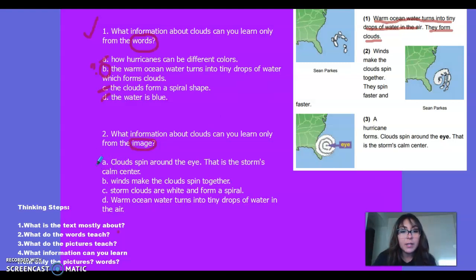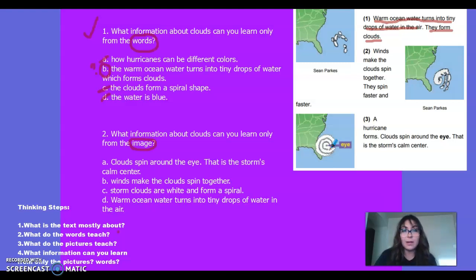A, clouds spin around the eye. That is the storm's calm center. Can I find that information in the picture? That's a tricky one. Here in this last picture, I can see this arrow pointing at the clouds and it says eye. But if I were just to look at the picture, can I figure out that that's the storm's calm center just by looking at the picture?